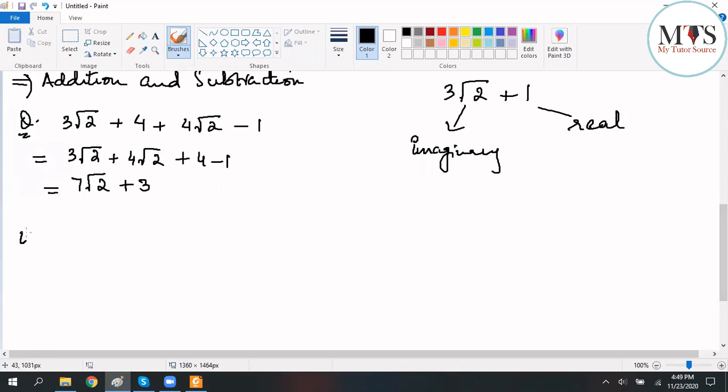So let's say we had 5 root 7 minus 8 root 3 plus 4 minus 6 root 7. How would you solve this? I would add 5 square root of 7 and negative 6 square root of 7.